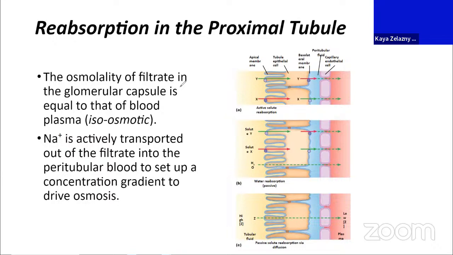So same as where they're in Bowman's capsule. But then we start to actively reabsorb that sodium. Right? So we're actively transporting sodium into the peritubular blood. Right? And now we're going to set up a gradient.